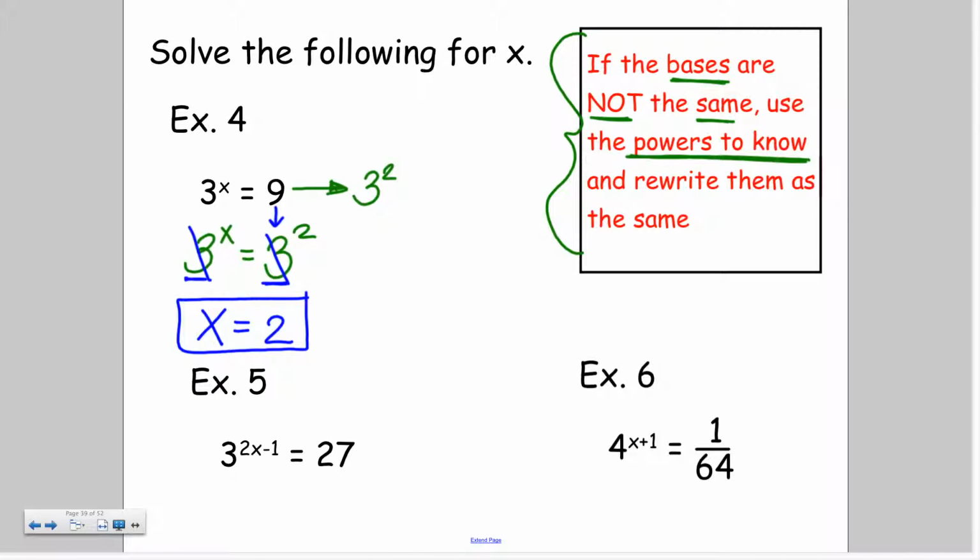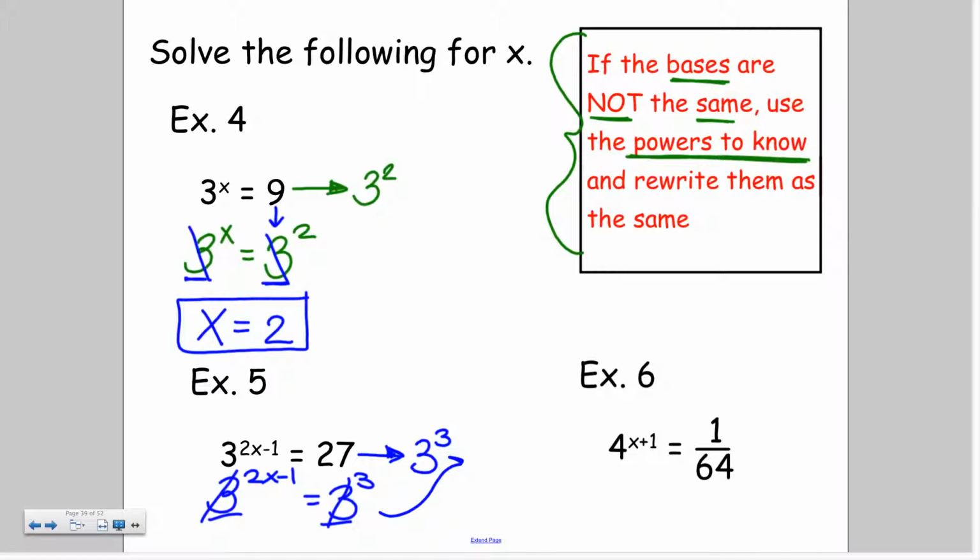All right, number 5. Look to see which one matches the 27. And we're going to have 3 to the third. All right? Now, when we do that, we have 3 to the 2x minus 1 is equal to 3 to the third. Our bases are the same, so we can cancel that out.